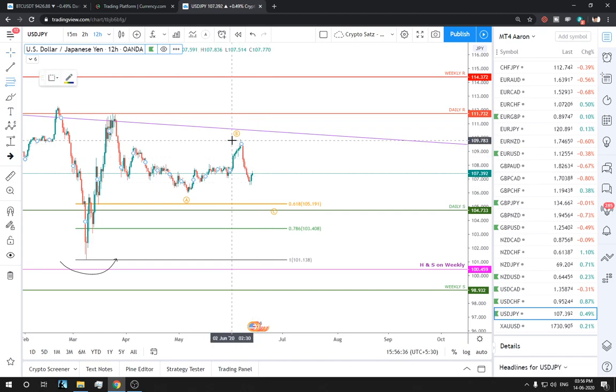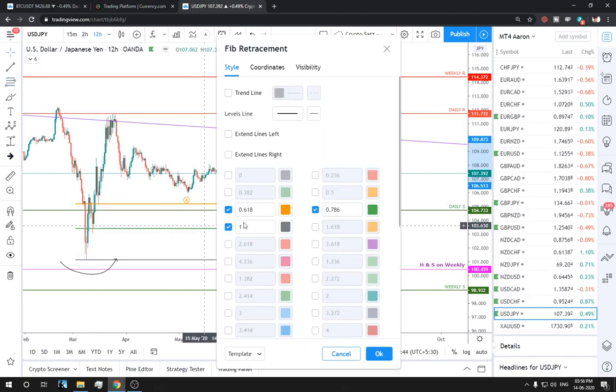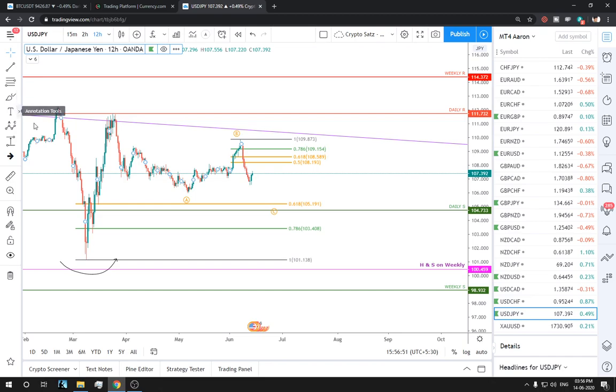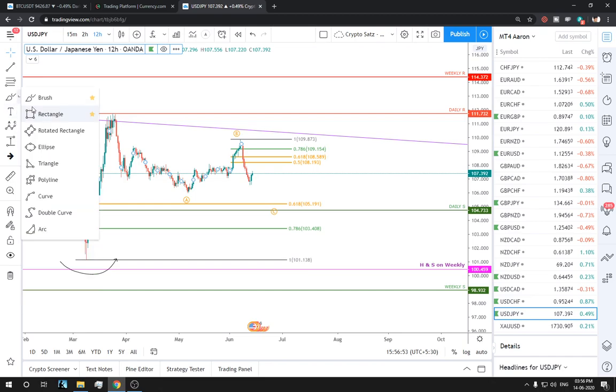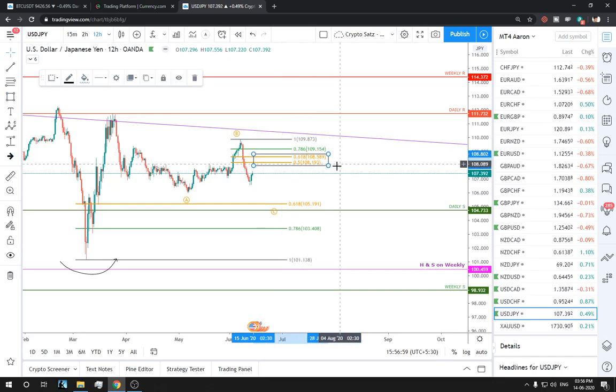So if you are looking for that upside move, yeah, we are good to short this box out here. We are good to short this thing.